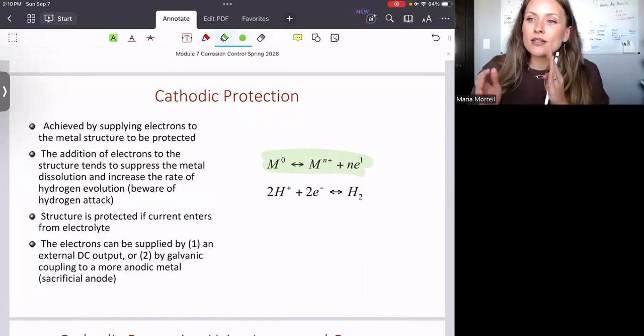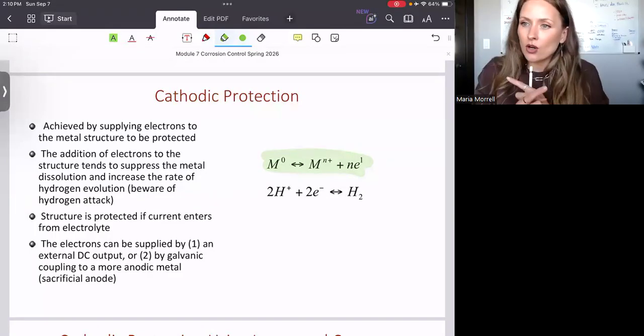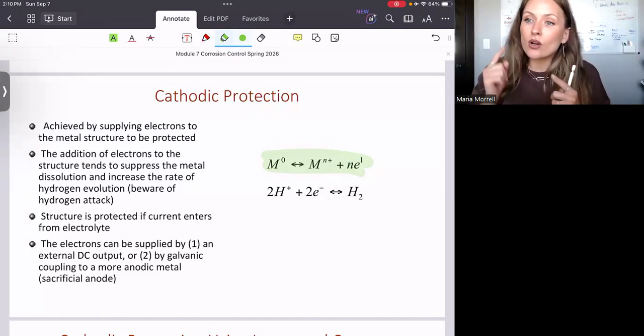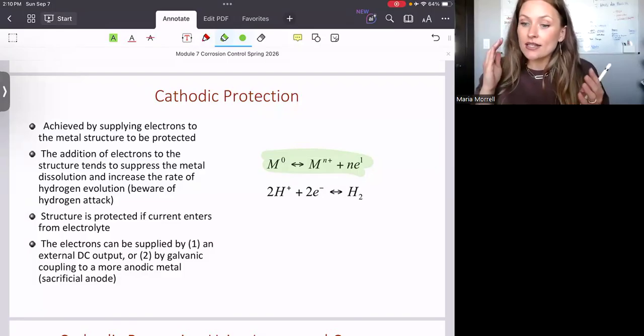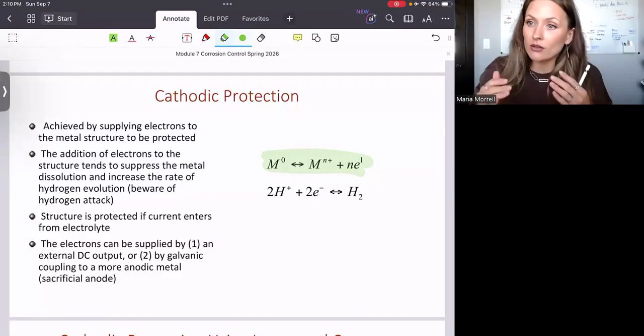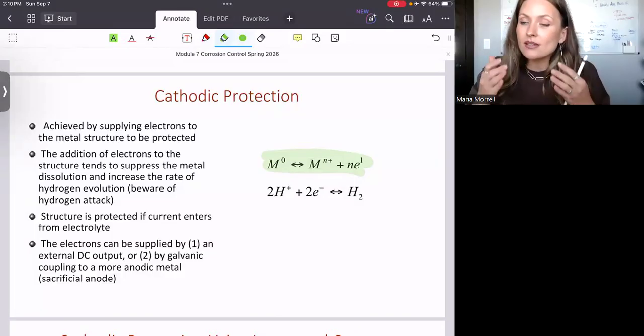This is why the scientists were like, wait a second, what if I just flip the current? What if I send my electrons toward the metal? Would that stop the corrosion? Yes, it will, right? Because if you're sending the electrons toward your metal, it becomes the cathode.